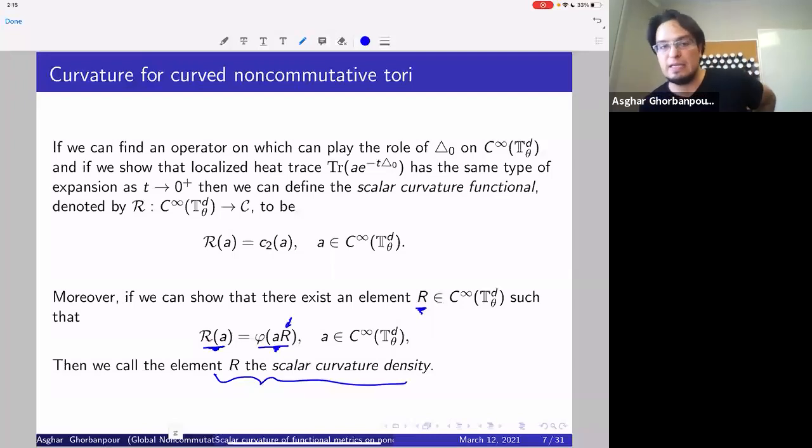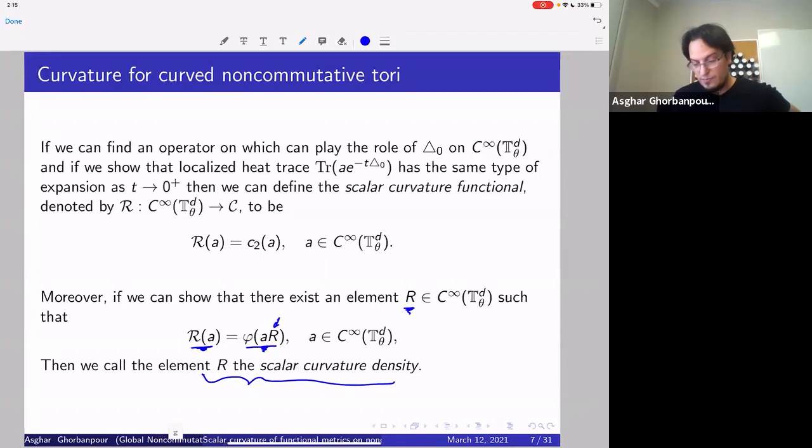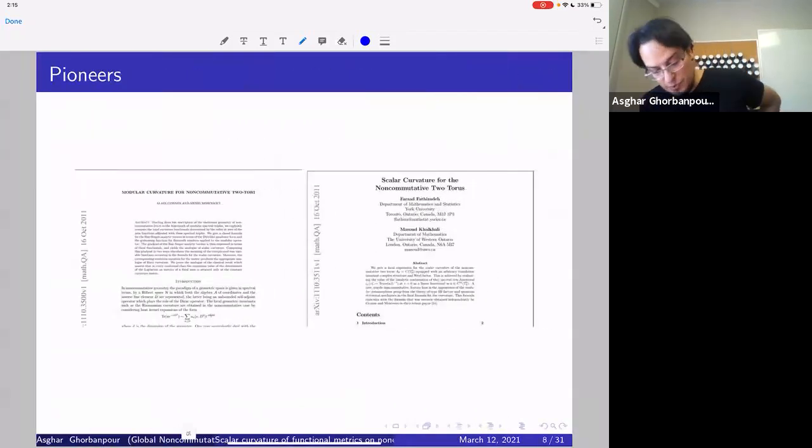This idea was very successful, and for the first time it was used by Connes, Moscovici, and by Masoud and Farzad.